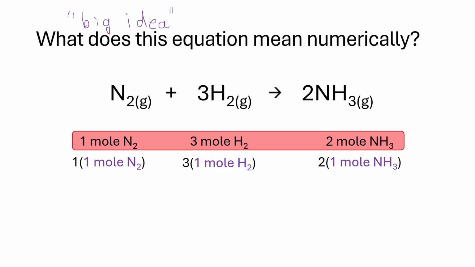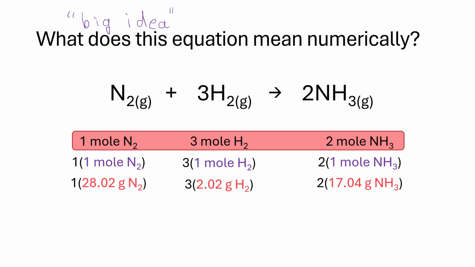So for each one of these chemicals, I'm going to substitute in its molar mass in place of 1 mole. So I now have 1, which is the coefficient, times 28.02 grams of nitrogen, 3 times 2.02 grams of hydrogen, and 2 times 17.04 grams of ammonia. So all of these things are equivalent because I just substituted in the molar mass.